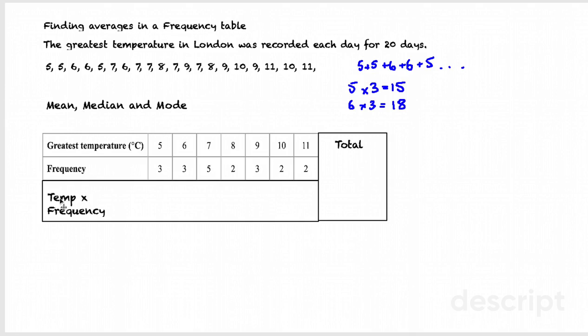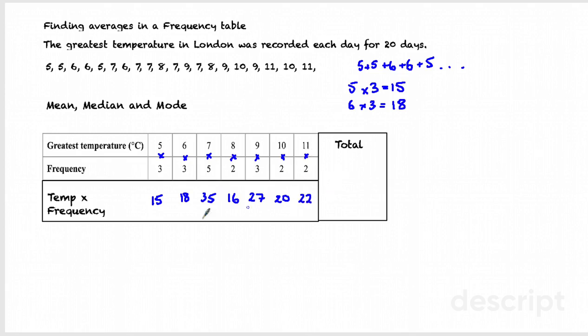That new row will be temperature times frequency. So I'm going to calculate those. I'm just going to put a multiply sign in there to remind me. I'm doing 5 times 3 is 15, 6 times 3 is 18, 7 times 5 is 35, 8 times 2 is 16, 9 times 3 is 27, 10 times 2 is 20, and 11 times 2 is 22.